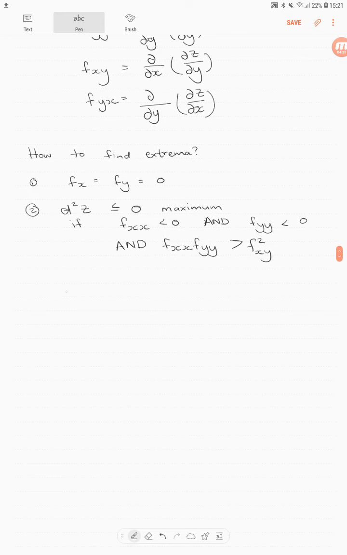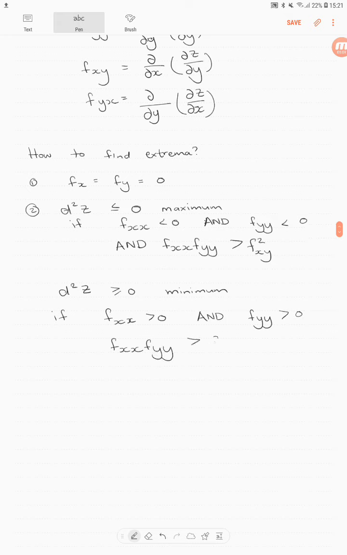Our second order condition for minimum is d squared z is larger equal to 0, then it's a minimum, and we get this if fxx is larger than 0 and fyy is also larger than 0, and fxx fyy is larger than fxy squared.